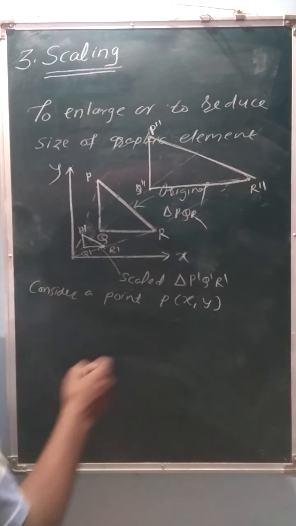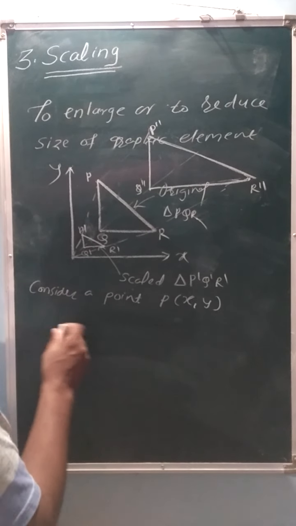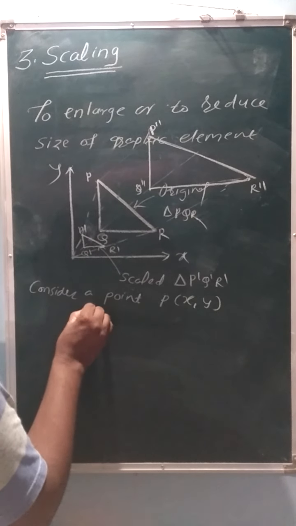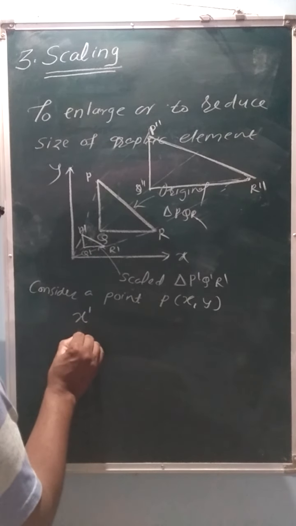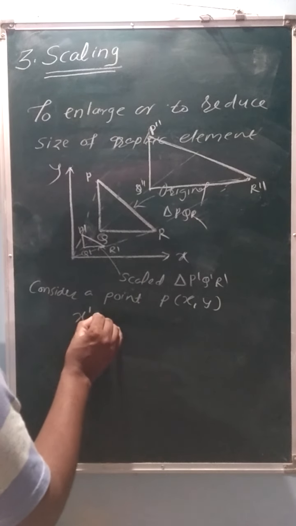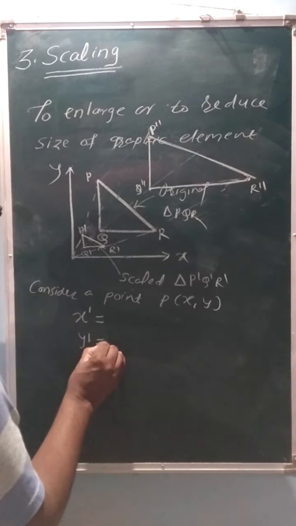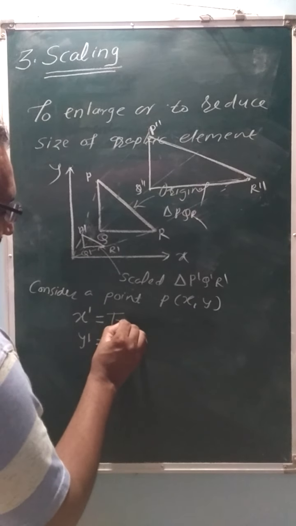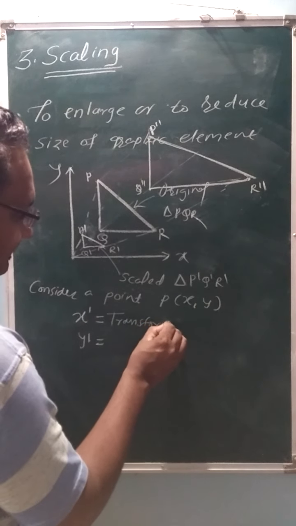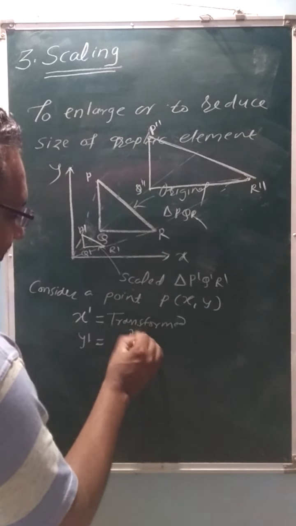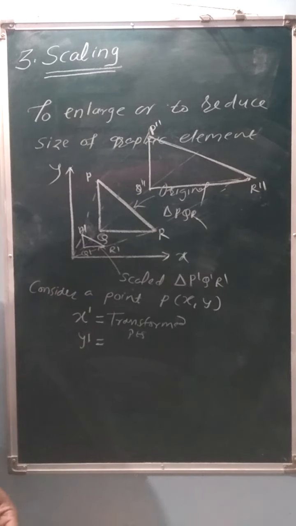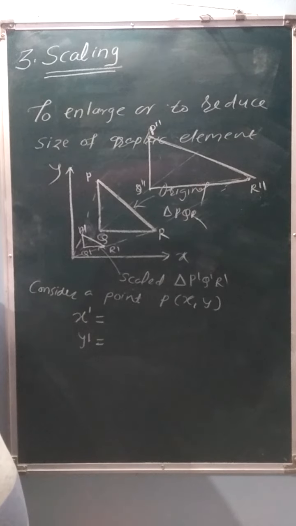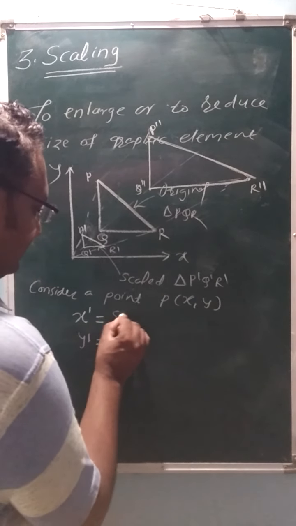So consider a point P(x, y). Our aim is always to find the coordinates x dash and y dash, which are the transformed points, or to be very specific, the scaled coordinates.